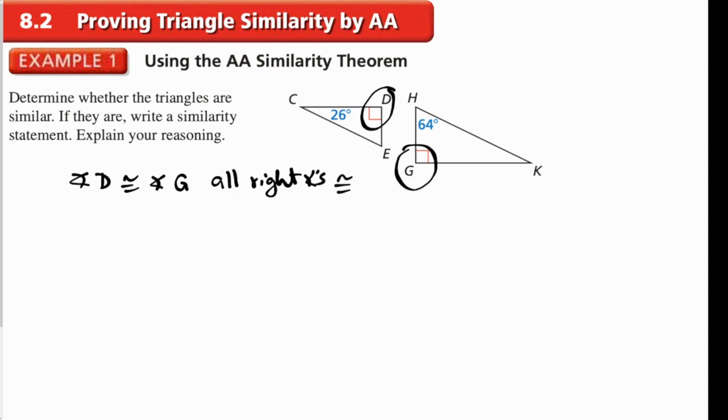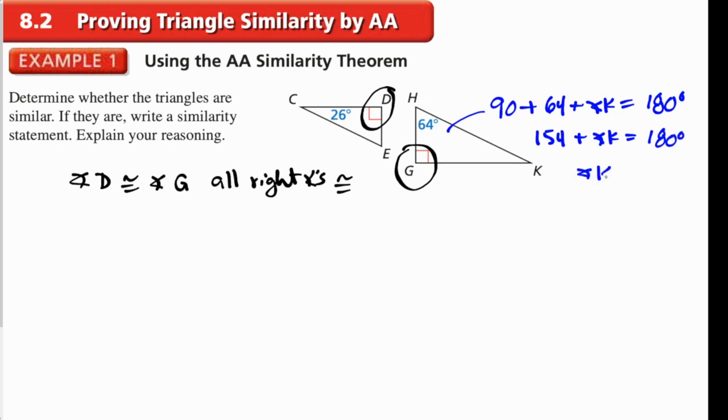But now we have to use some of our math facts, and we can say here we have 90 plus 64 plus angle K is equal to 180 degrees. That gives us 154 plus angle K is equal to 180 degrees. And when we solve for angle K, we get 26 degrees. We now know that we have a second pair of angles that are congruent.